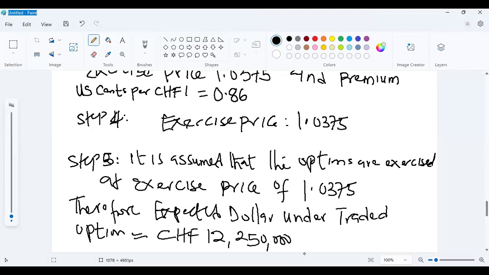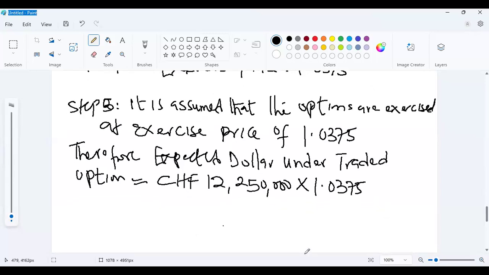We selected 98 contracts. So this is the amount under traded option. We now convert at exercise rate, multiply by 1.0375. What is the dollar amount, please? $12,709,375.